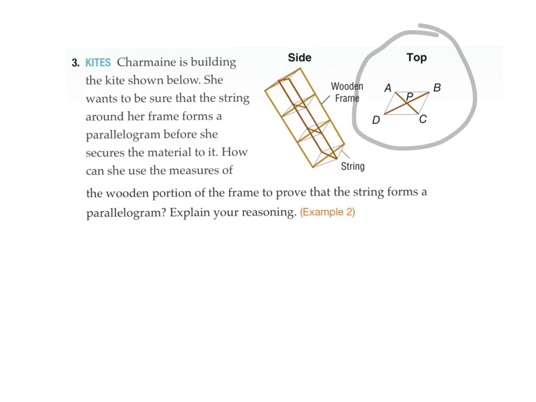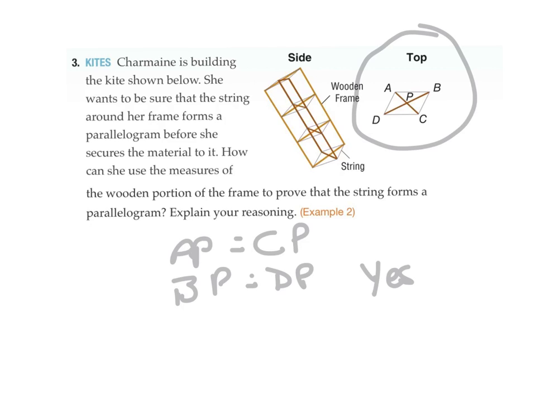So can you assume that P is the midpoint of AC and BD? Well, in this case, you can. So you can make the assumption that AP is equal to CP and that BP is equal to DP. So by that assumption, the answer is quite categorically yes.